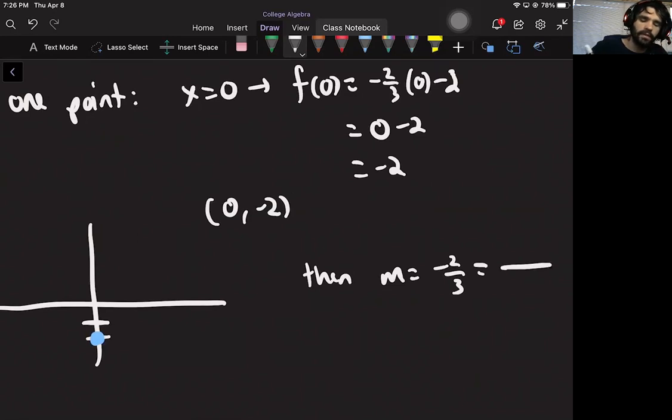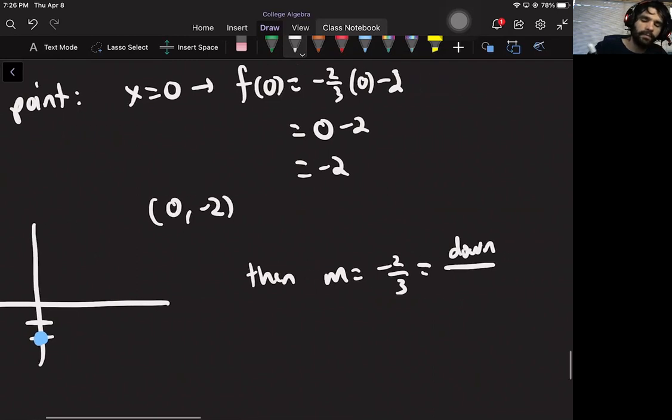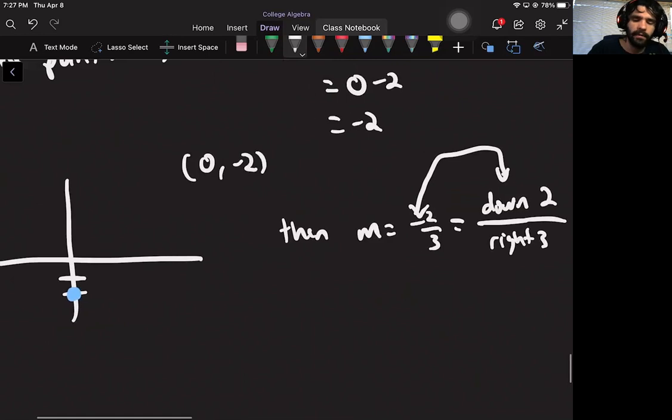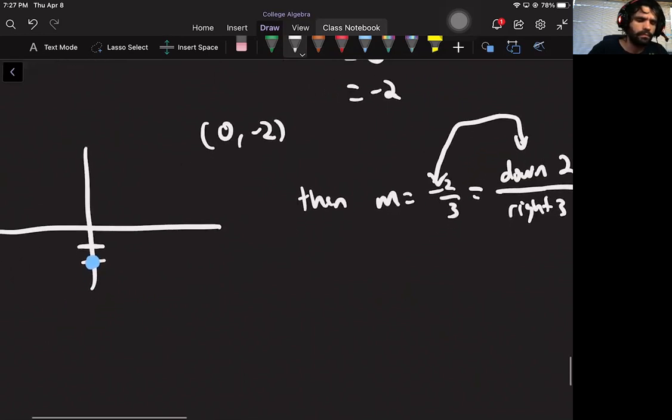So I'm going to think of this as for every 2 I go down, my graph will go to the right 3. The reason it's down this time instead of up is because of this negative here. Last time it was up 1 over 1 to the right 1 because it was both positive, but now we have a negative, so it's down. Okay. So then I'm just going to go down 2 from here and to the right 3.